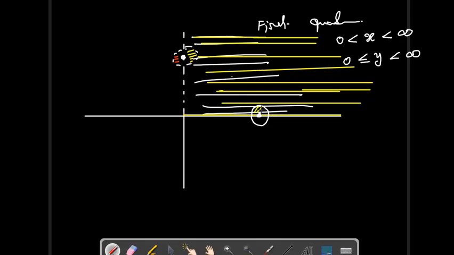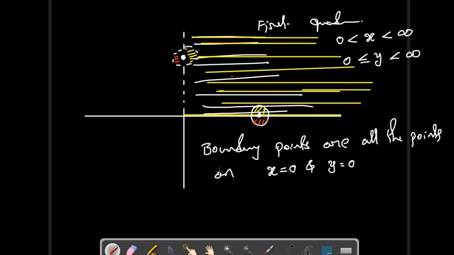So every point on the x-axis and y-axis is a boundary point. So let's write it: the boundary points are all the points on the x-axis and y-axis.